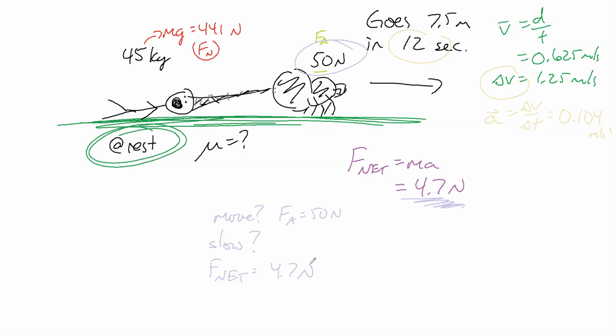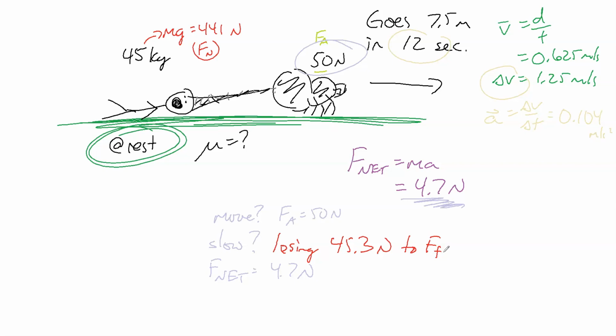So the spider's pulling with 50, but it's only getting like 4.7. I must be losing the difference between the two. I must be losing 45.3 newtons to friction.